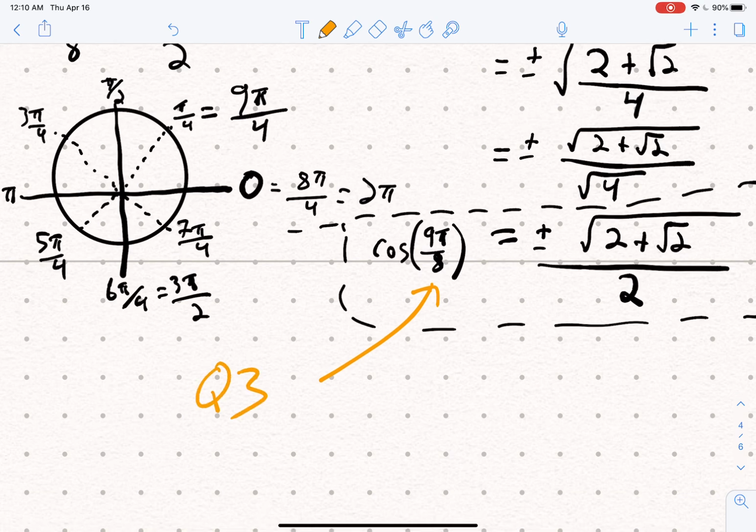Now, in quadrant 3, remember, when you're looking at the terminal sides of angles, x is like cosine and y is like sine, and in the third quadrant, the x is negative and the y is negative. That means both cosine and sine are negative. So this cosine is going to be negative.